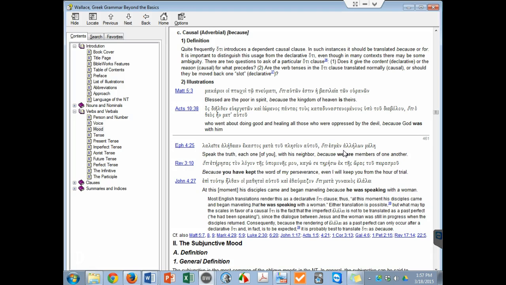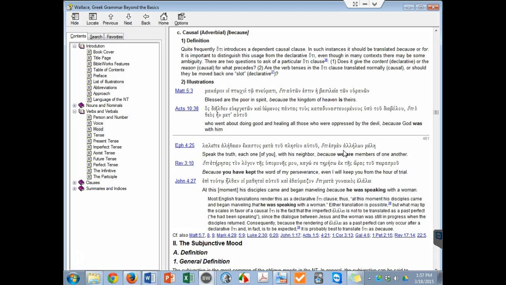So, for example, in Colossians 3:1, it says, if ye then be risen with Christ, seek those things which are above. And the preacher says, this is a first class condition, and we can read it since you have been raised with Christ. And I say, well, yes, it's true that Paul is assuming they've been raised with Christ. But he also chose to put that in a conditional syntax for its rhetorical effect.